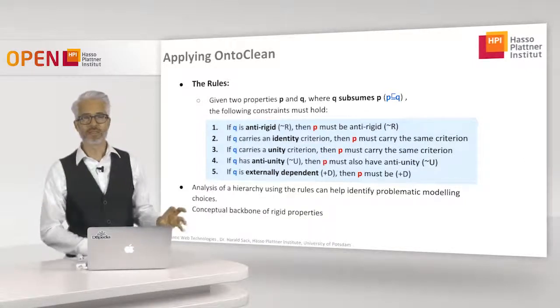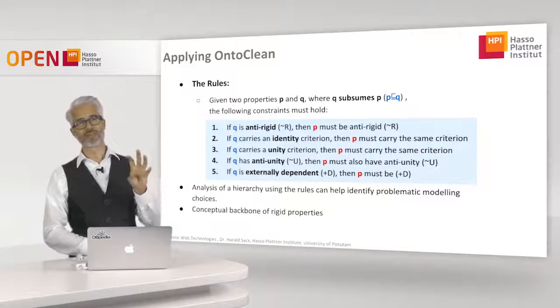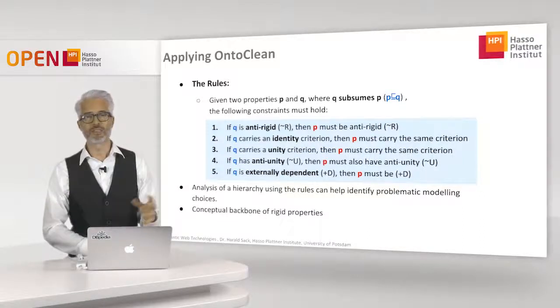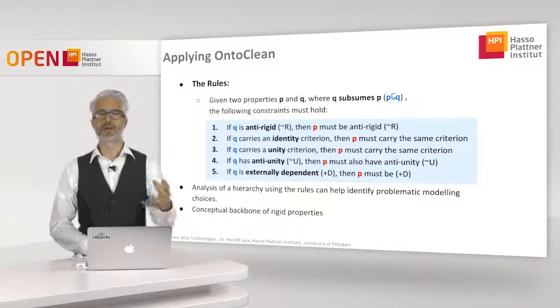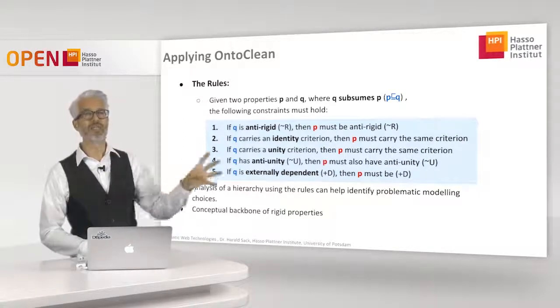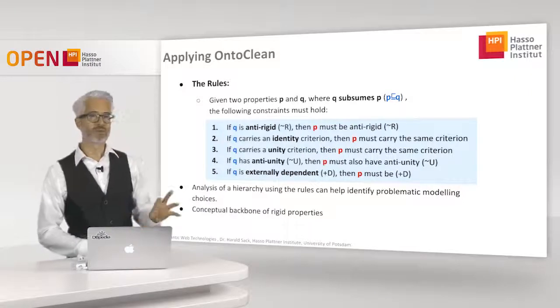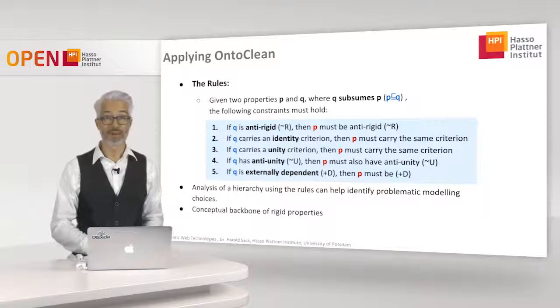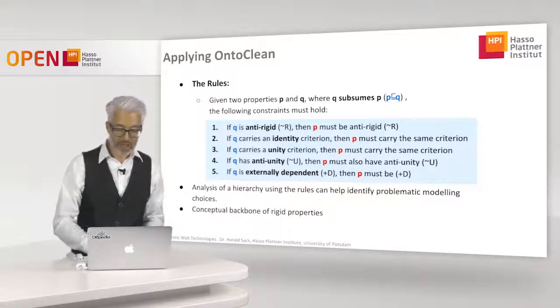They also help you to extract a so-called conceptual backbone, which is made up of the rigid properties from your ontology. Simply because rigid properties are invariant. They don't change over time, so you will get a backbone in your taxonomy, and that's a nice thing. So we come to an end.